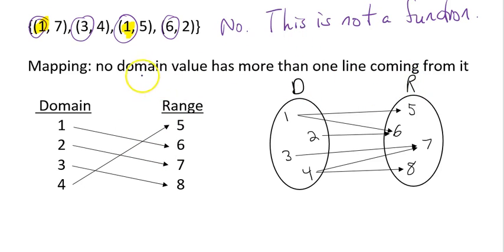If we look at these, we want no domain value to have more than one line coming from it. A function would have only one line coming from each domain value. Again, I'm not looking at the range, I'm just looking at the domain, and I want each one to have one line. So 1 has one line, 2 has one line, 3 has one line, 4 has one line. Yes, this would be a function.